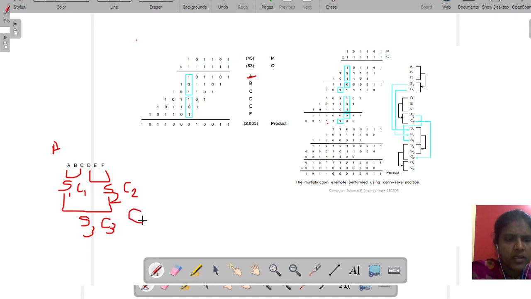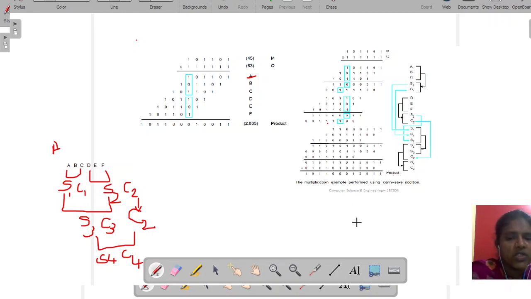C2 is carried as it is. These are added to generate S4 and C4. And these two will be used for your final addition. I hope this is clear.